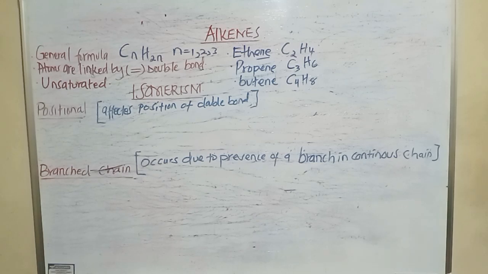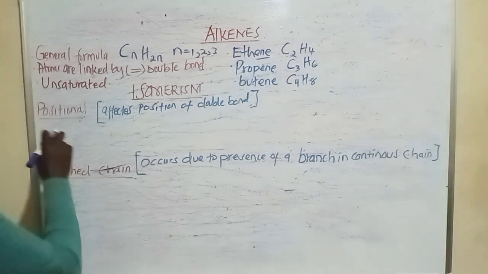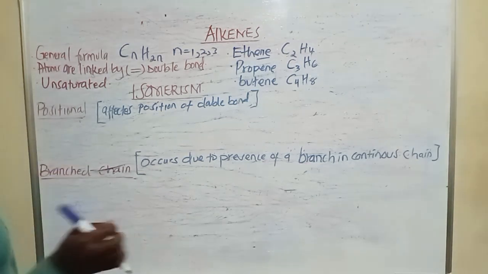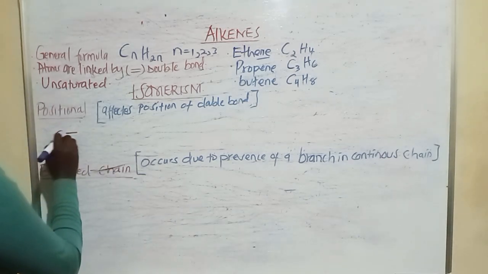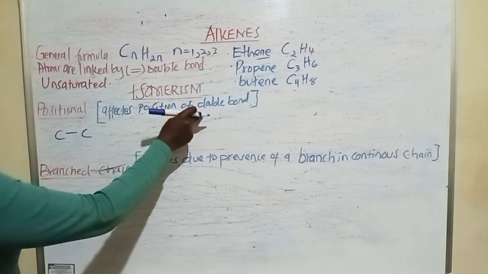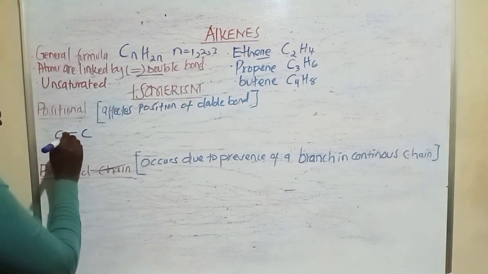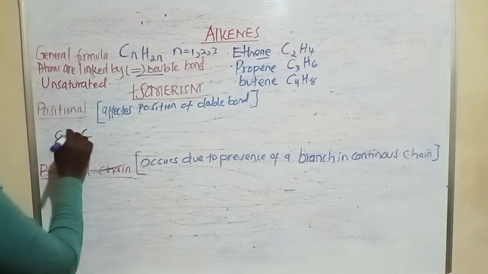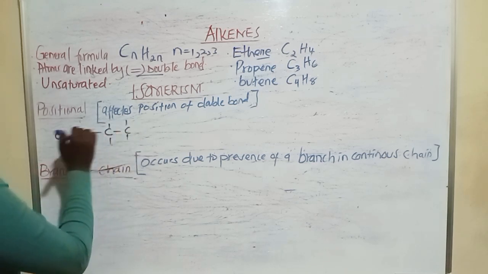So we are going to talk about butene. How many carbon atoms do we have in butene? We have 4. So let us write our 4 carbon atoms: 1, 2, 3, 4. Remember we said we have a double bond. Then you put your hydrogens.